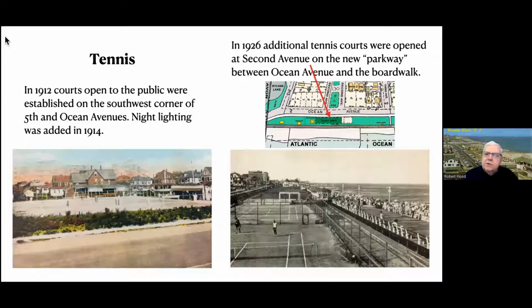On this map, you can see that additional courts are located in 1926 down on the plaza area at what is today the 2nd Avenue Beach. And in the distance, you can see the casino bathhouses up at 4th Avenue.